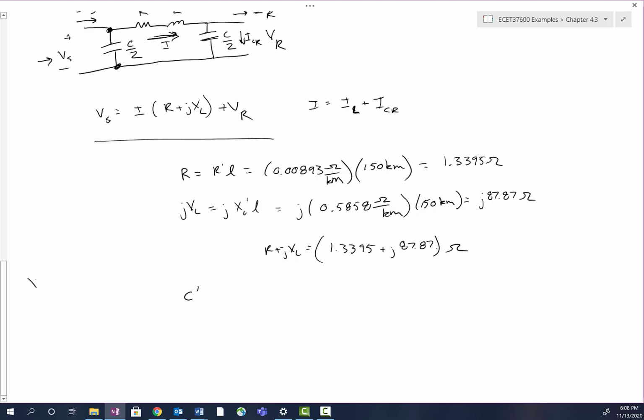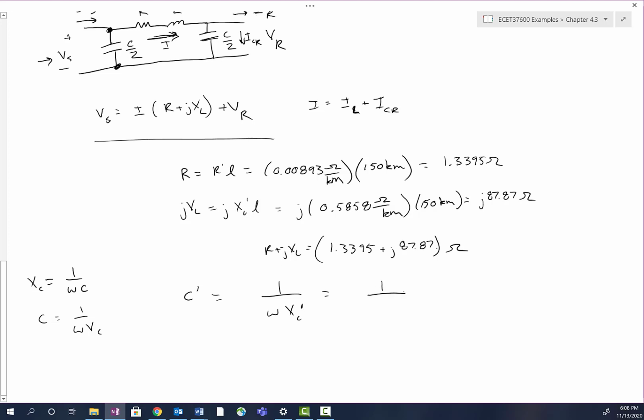So remember that the relationship between XC and C is XC equals 1 over omega C. So if I want to solve for C, it's just 1 over omega times XC. So C prime, if I've been given X prime, is going to be 1 over omega X sub C prime. So there I can calculate the distributed capacitance.